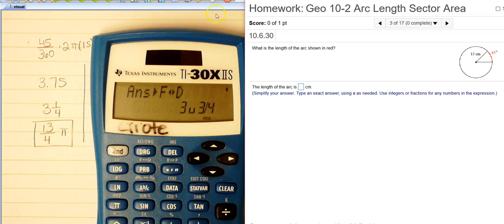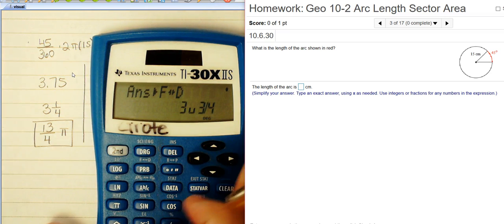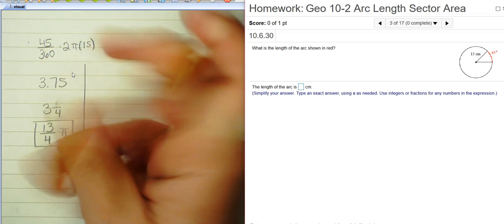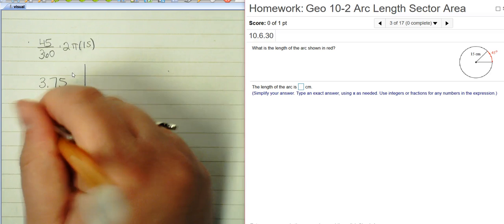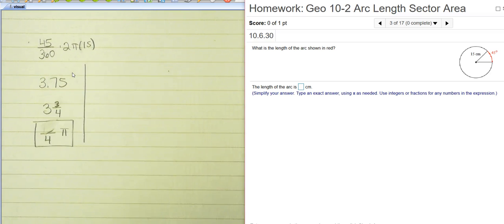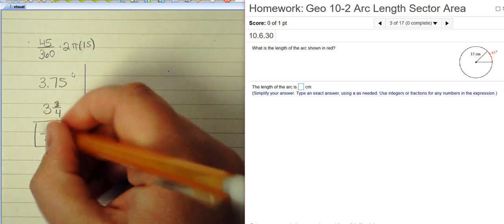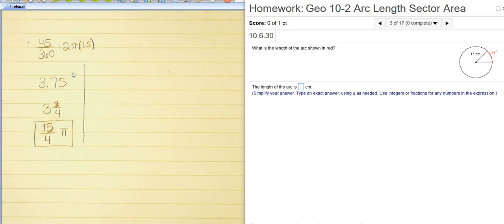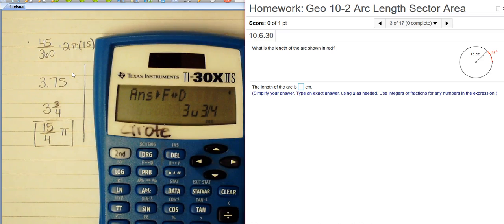And I'm realizing I just totally wrote that wrong. Sorry, this would be 3/4. So everything is right here except what I have on top. This would be 12 plus 3, which would be 15/4 pi. Okay, so as you can see, I screwed that up.